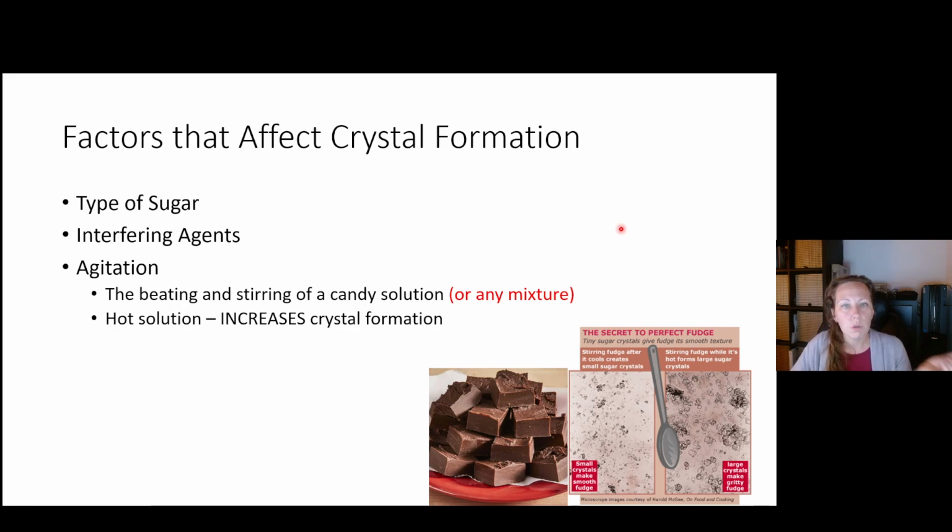Now, as it cools, the viscosity is going to increase, and it's going to be harder for those sugar molecules to move around, just physically harder. And that therefore is going to slow the reaction down even more than just the temperature change alone. So in a cool solution, we create more sugar nuclei through agitation.